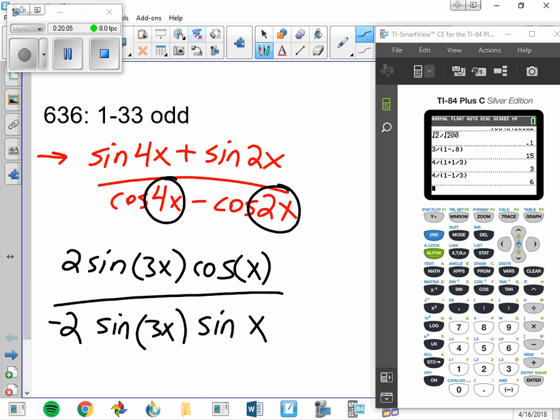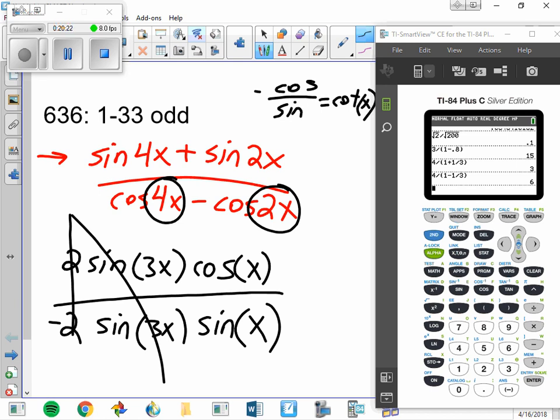So this is x. Now what happens? Sines cancel, the 2's cancel, and I'm left with negative cosine over sine, which is equal to the cotangent of x. Negative cotangent. Thank you.